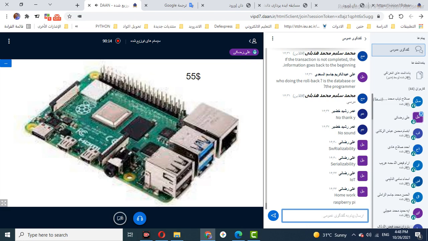Okay, let me show you another image of Raspberry Pi. Yes, this is a good image. Now you can see.